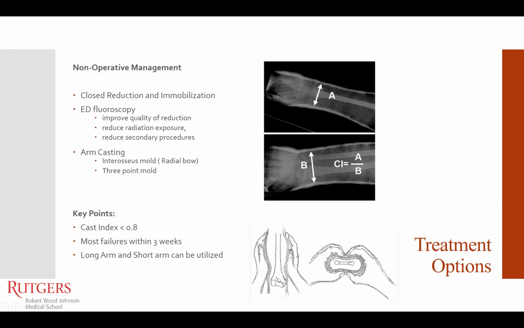Some debate, as I mentioned before, is between the short and long casts. If you put someone in a short cast and you're worried about loss of reduction, most of the time this is occurring within 3 weeks. So if you keep a close eye on your patients in the first week and the following 2 weeks, you can capture this loss of reduction and do a re-reduction if you need.